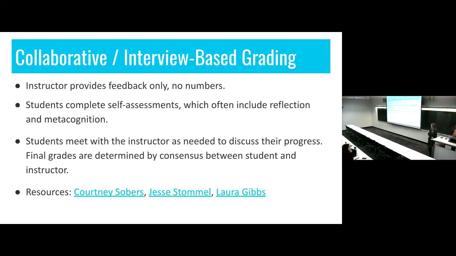So for example, to pass the class, I do expect them to achieve a satisfactory formal lab report. And then maybe to get an A, they would turn in an extra polished, well-researched lab report. Right, but I'm not giving them lab report feedback that says like 80%.